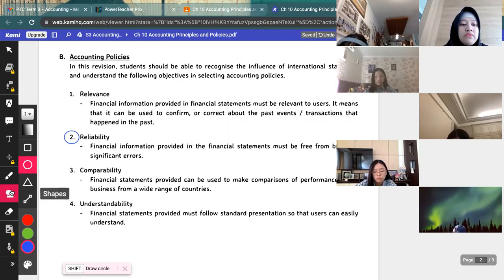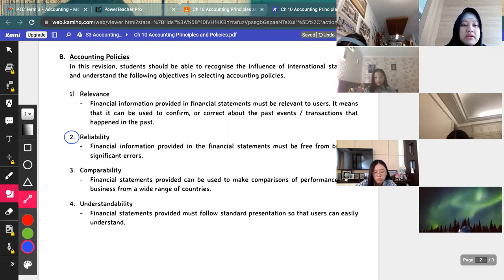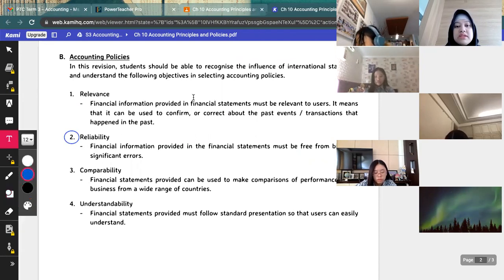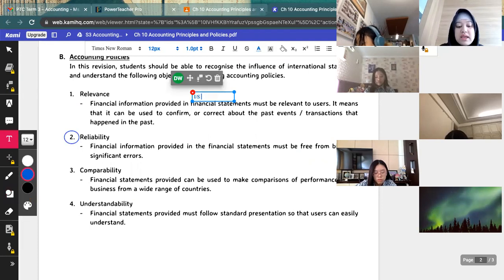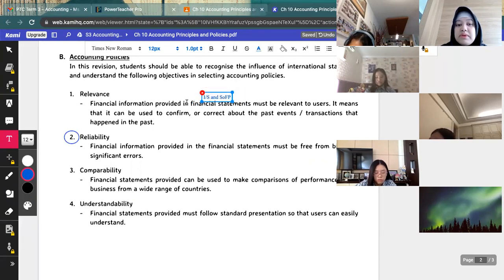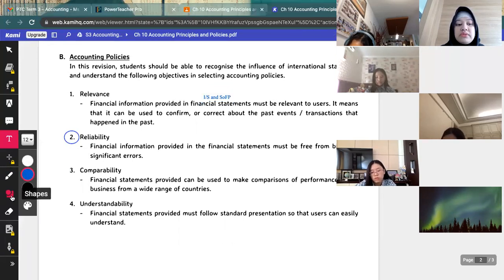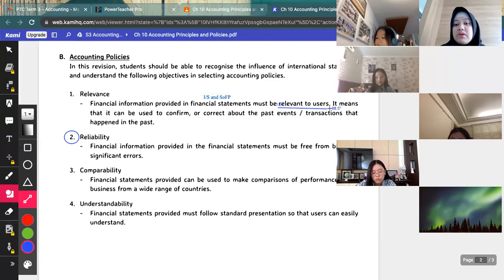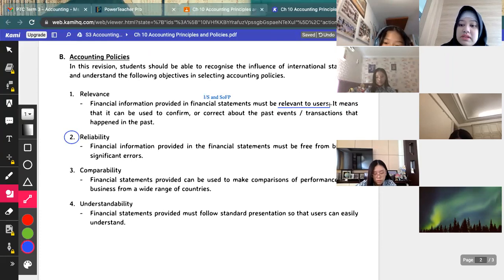So back to the topic. Number 1 is relevance. What is relevance? Financial information provided in financial statements must be relevant to users. If I say financial statements, it means IS and SOFP, the income statement and statement of financial position. Of course, if you give information that is not relevant to the business, what is the use of that information for us?